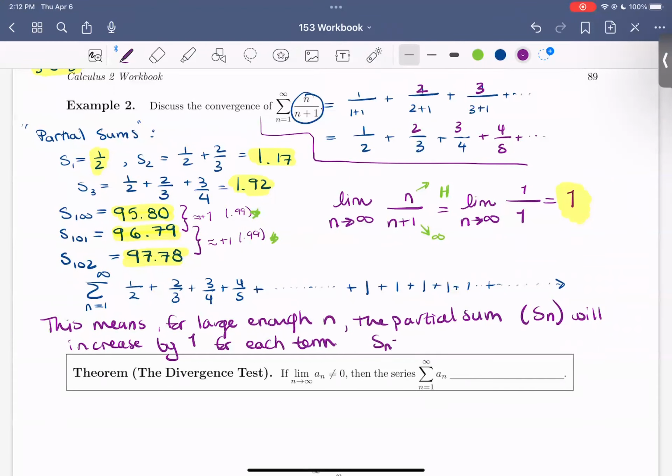So if we want S sub n to go to some number, that's not going to work out, because if we take the next partial sum, S sub n plus 1, we're going to keep increasing by 1.